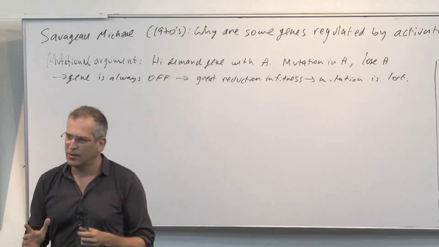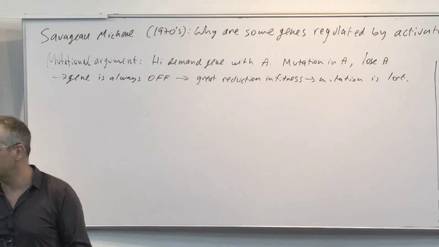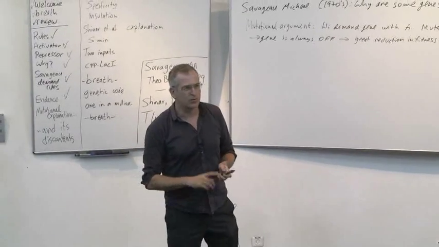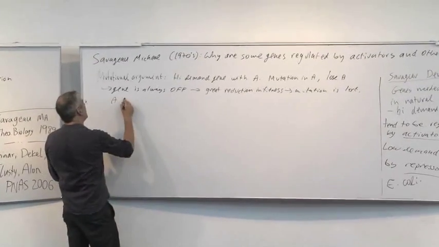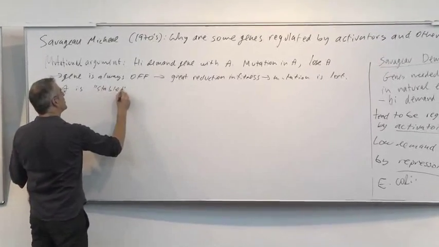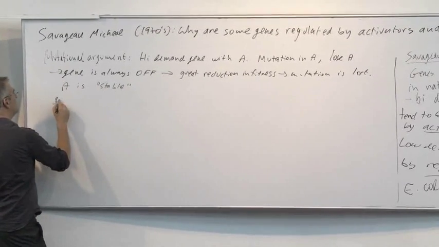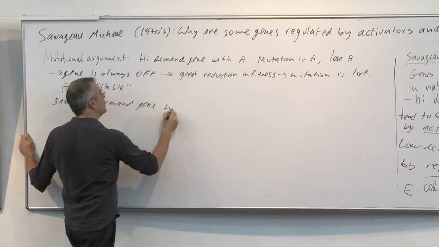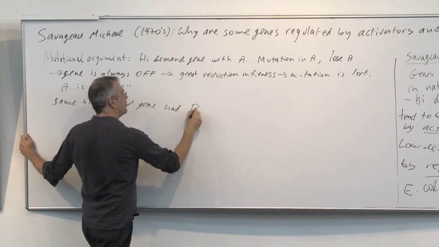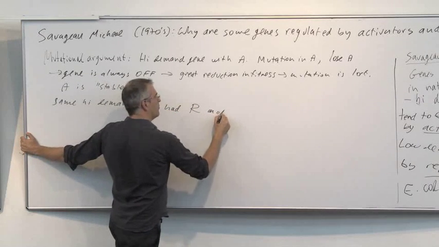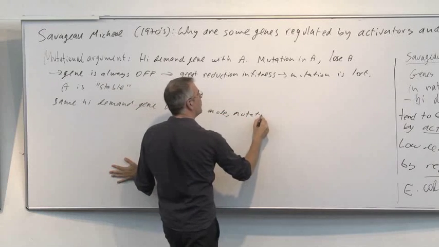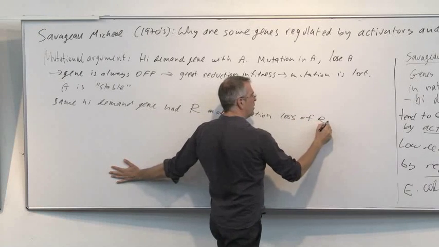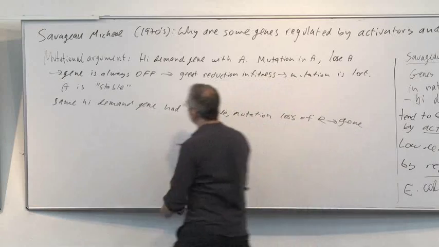So the activator in a high demand gene is kind of stable. With any mutation in it, you lose the gene expression, but since you need that gene so often, that causes a high fitness disadvantage, and those mutations are lost. The activator is, you can say, stable against mutations. In the same situation, if the same high demand gene was regulated with a repressor, a mutation in the repressor would mean loss of the repressor, which leads to the gene always on.